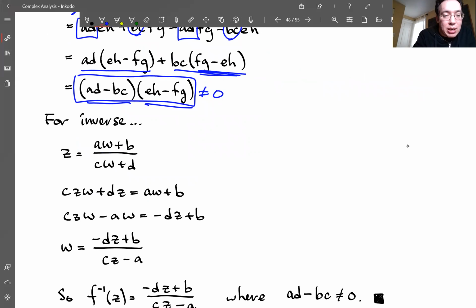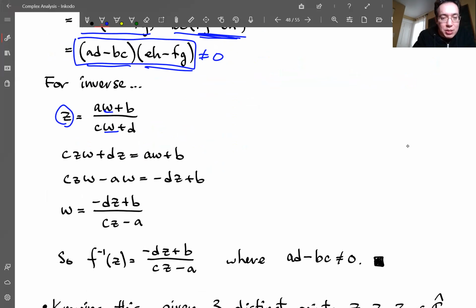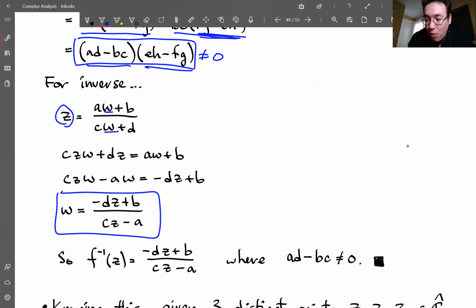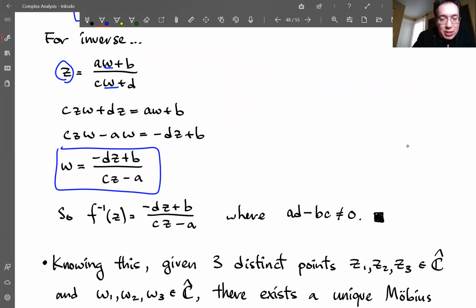Okay, let's check that the inverse is also a Mobius transformation. We can do that by setting z as the output, w as the input, and then solving for w. If we do that, we get this expression, which is very much in the form of a Mobius transformation, except with a couple of letters switched around with negative signs.